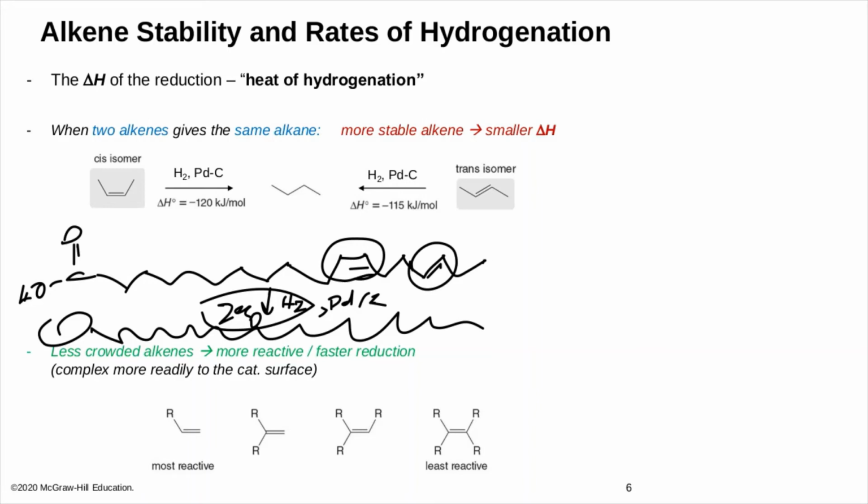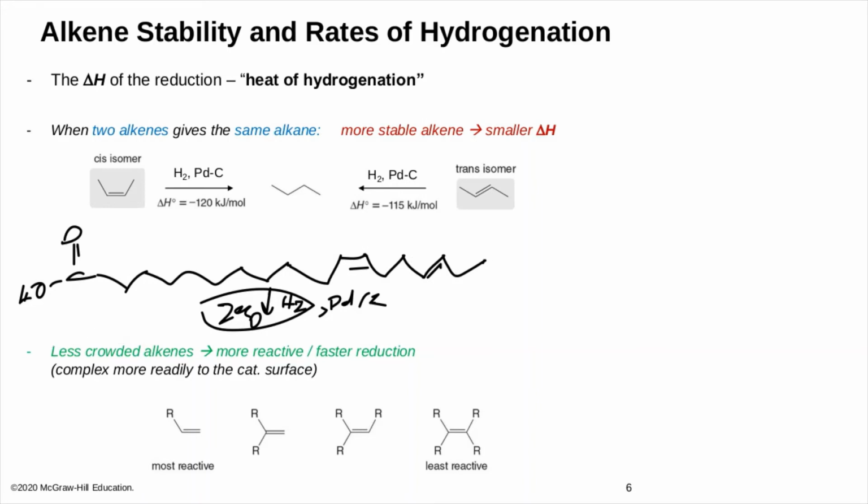So we'll have a saturated fat. We would say we fully hydrogenated that oil. You see where I'm going with this? We fully hydrogenated that oil. Now, let's say instead that I only use one equivalent of hydrogen. I've got my cis alkene and my trans alkene.